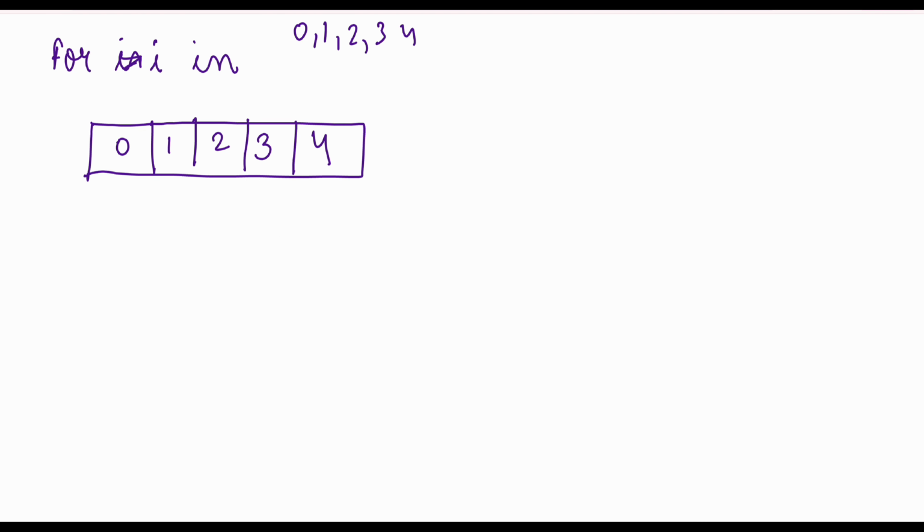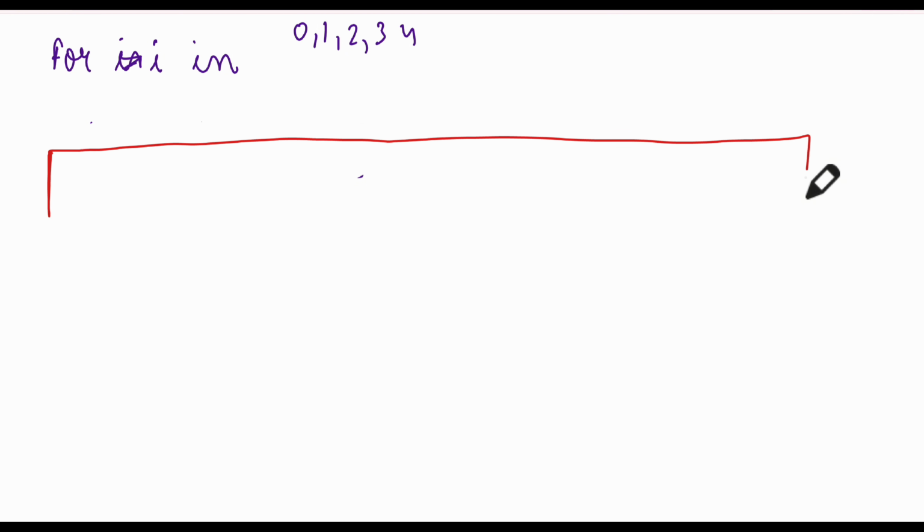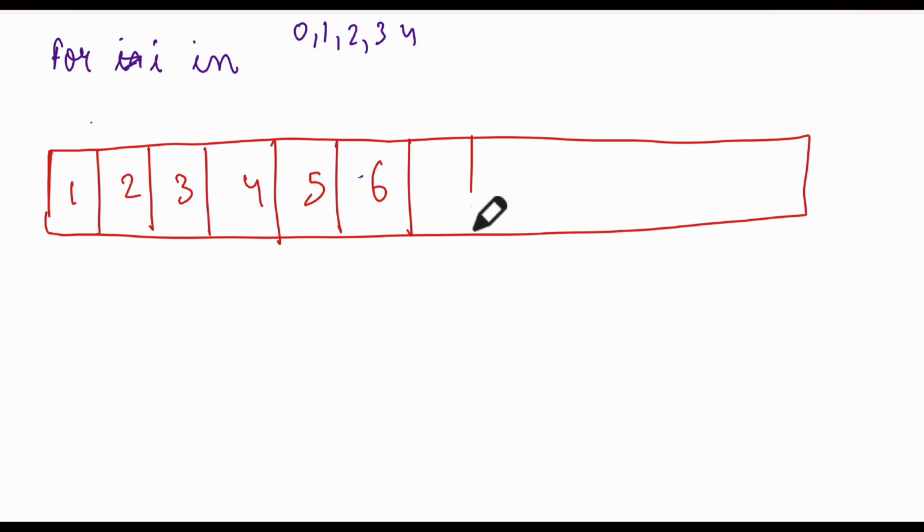So let's create the list that we are having here. For example, we had a list of 5 elements, okay. So this was the list that we initially had. Let's say 1 2 3 4 5 6 7 8 9 and sorry, this is 10, okay.